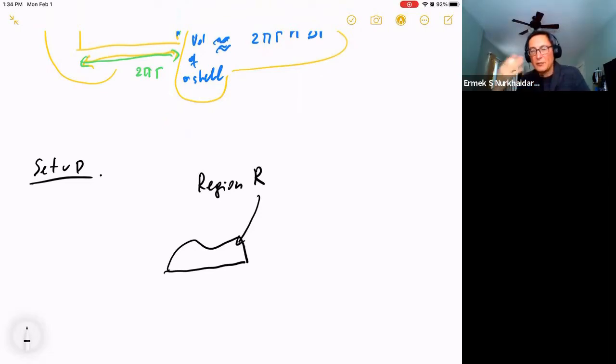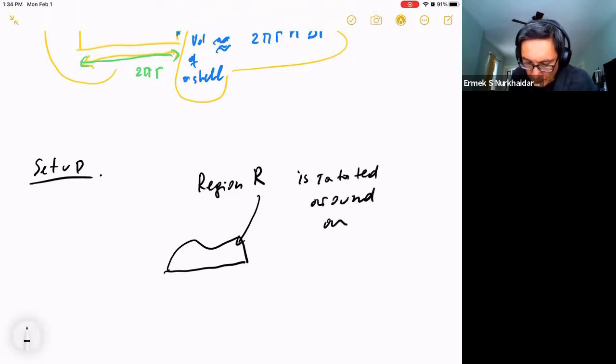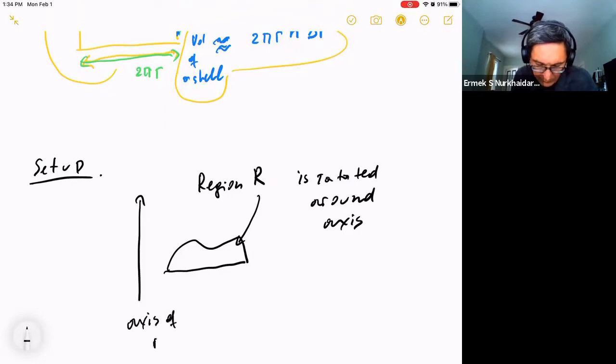It might be the x-axis, it might be the y-axis, it might be anything else. That's the axis of rotation.